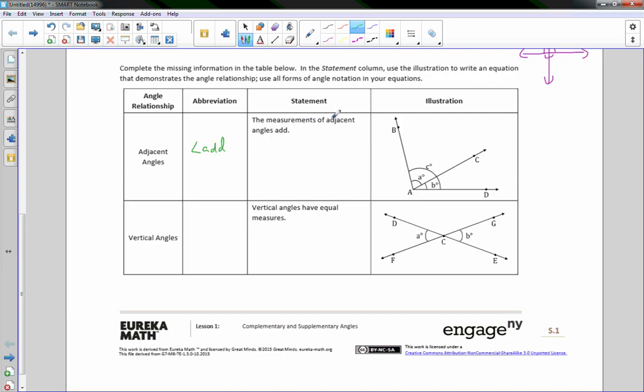The measurements of adjacent angles add. Angle BAC is adjacent to angle CAD, and angle BAC plus angle CAD is the whole angle BAD. So we're naming these angles with these little letters. Angle A plus angle B, and this whole arc means the whole thing, C. So what I'd say is A plus B equals C.